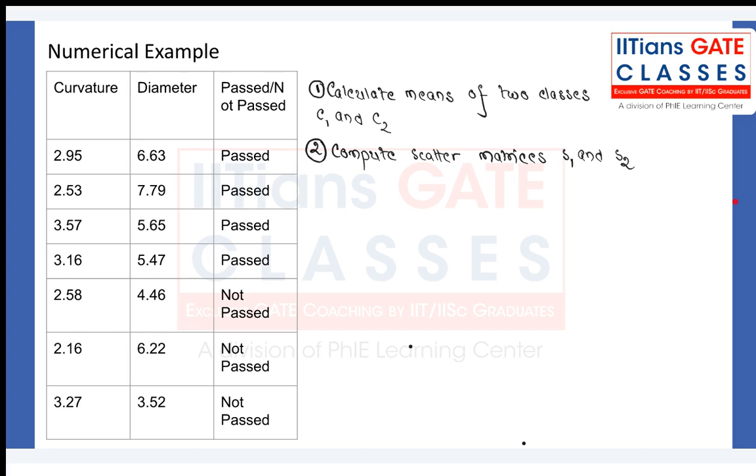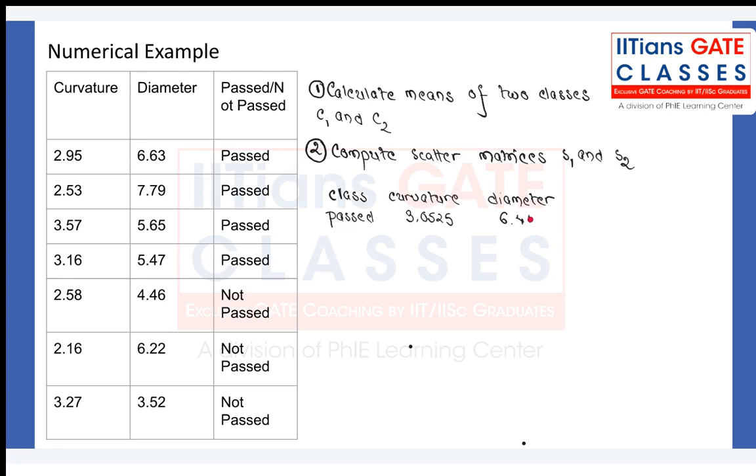For the class passed, for curvature, you just sum up the points in the curvature belonging to the class passed, take the mean, and you will get 3.0525, and for diameter, you get 6.41.